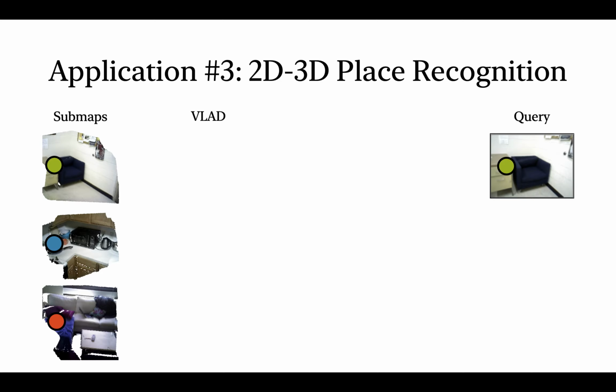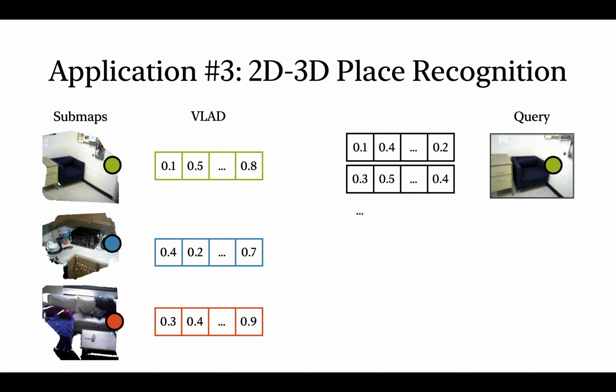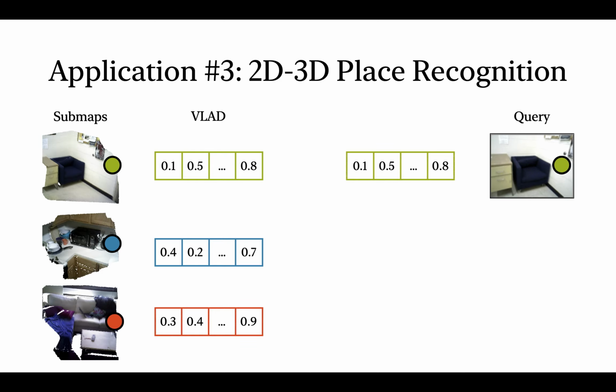For each 3D submap, we sample descriptors on a regular voxel grid. These descriptors are then aggregated into a single compact VLAD descriptor. We follow the same process on the image to extract the descriptor, but this time on a 2D grid. The query descriptors are matched with the database for retrieval.